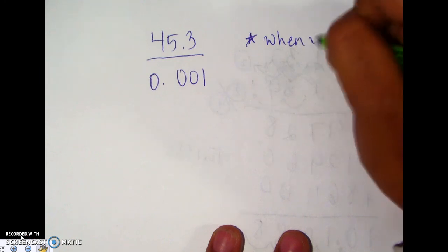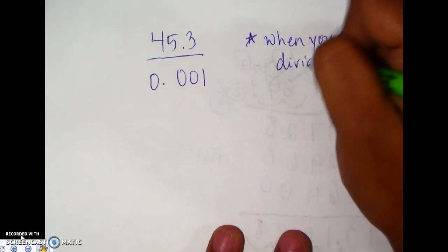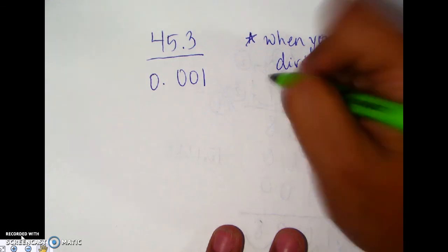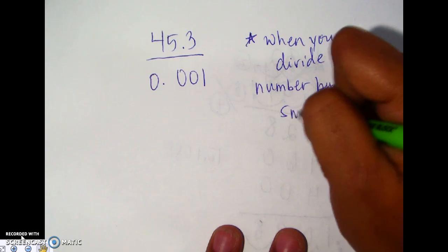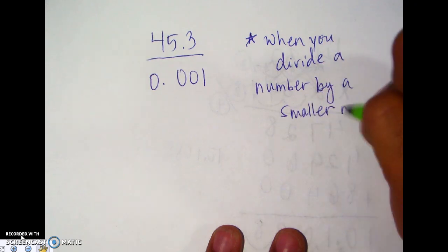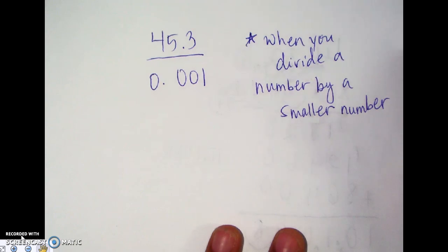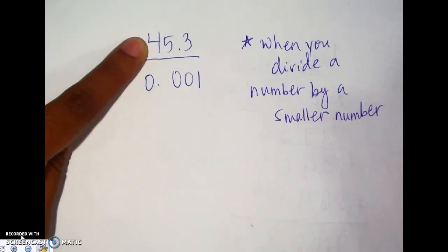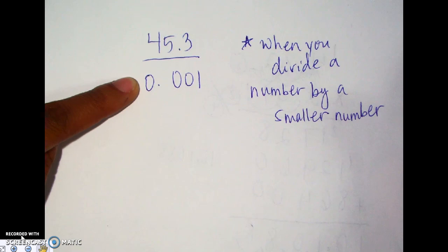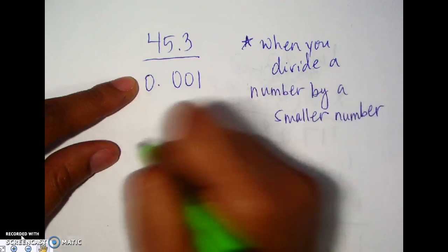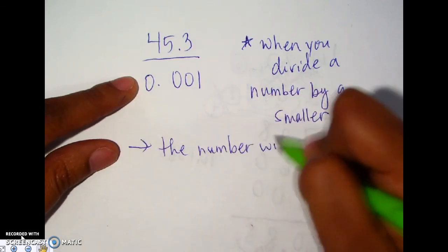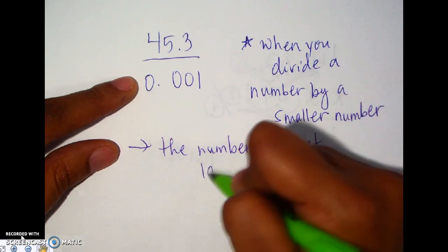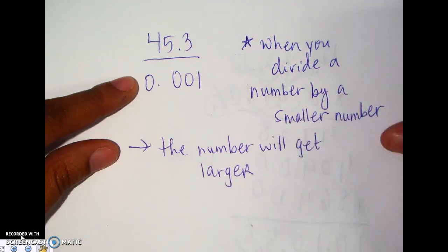when you divide a number by a smaller number, okay, when you divide a number, so let's say in this case divided by, this is a smaller number, right, because this is a thousandth, okay, when you do that, the number will get larger, and I will prove that to you now, okay.